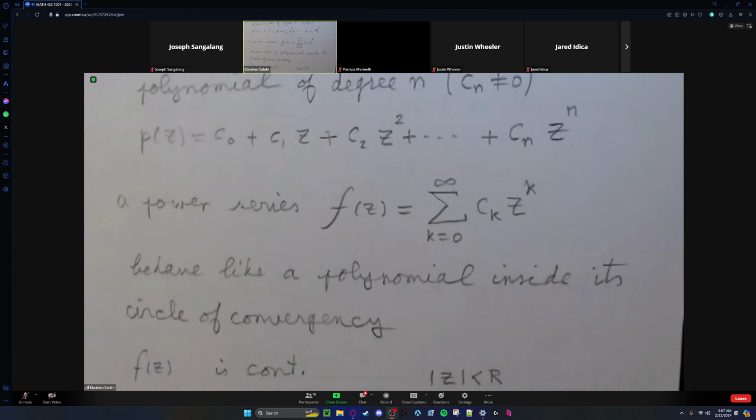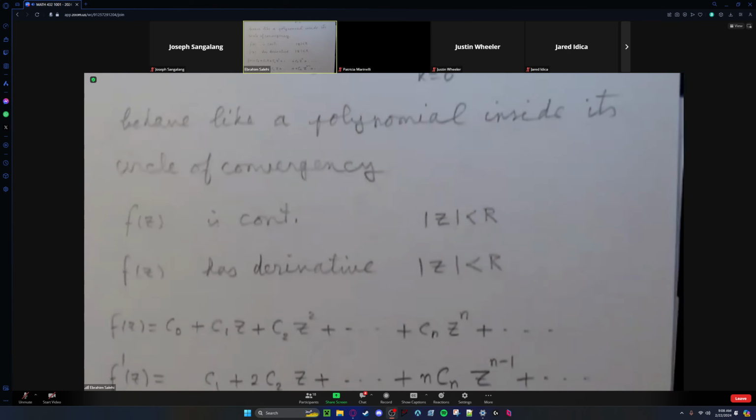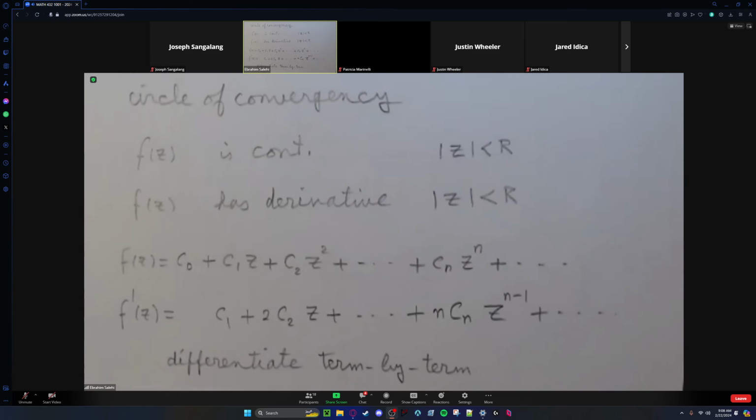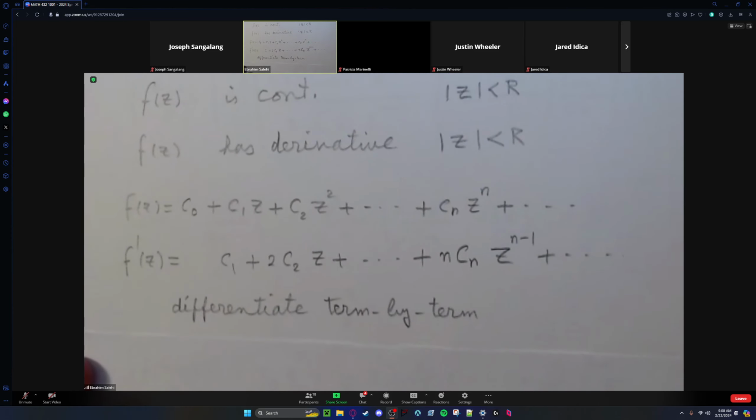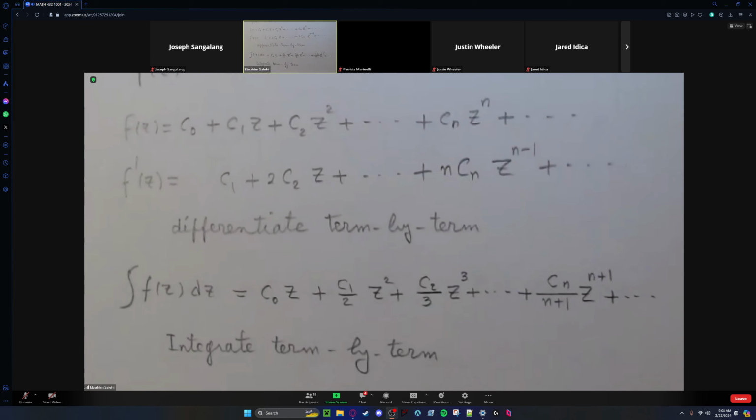Derivative term by term exists. If this is the power series, its derivative, just you go ahead and take derivative of each term. So you differentiate term by term, and you integrate term by term, all right? You integrate term by term.